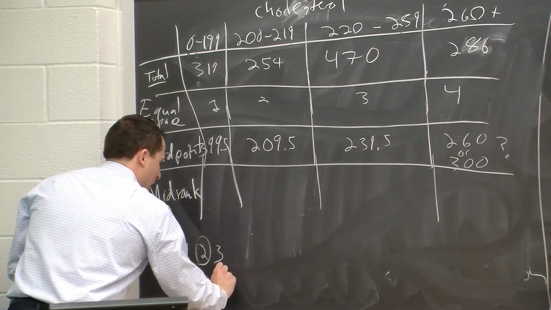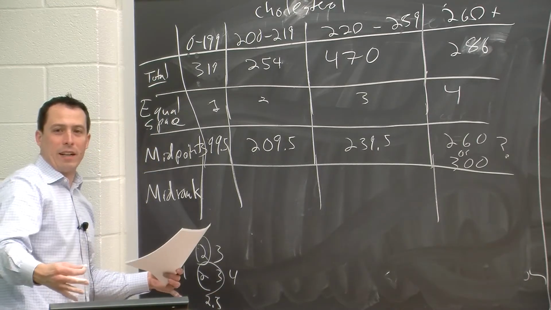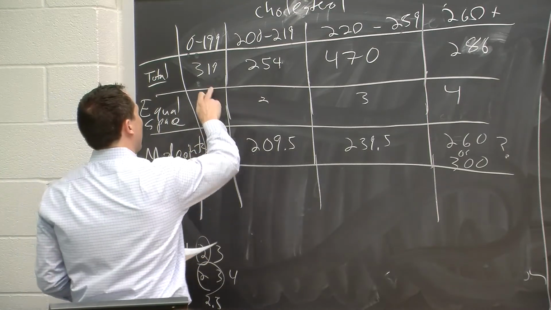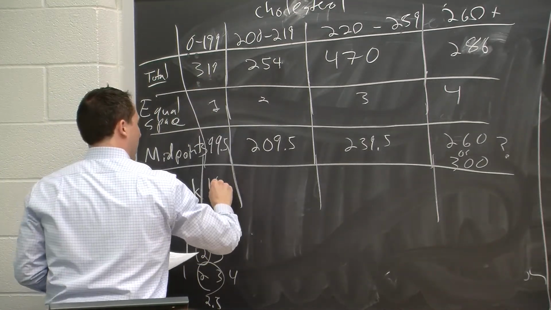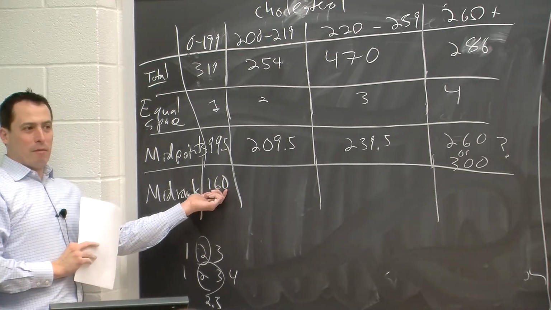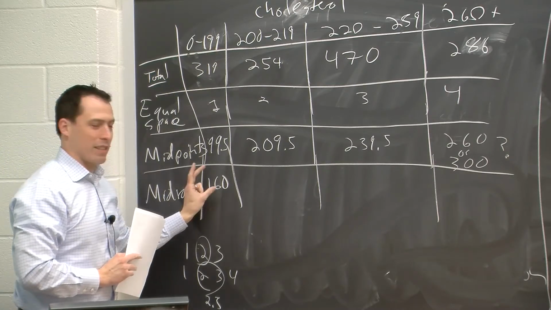If there's an even number, I'm going to get 2.5. And I'm going to assign the same rank to all of them, because I don't know what their actual rank was. So it's like they tied. So here, instead of 319, I'm going to put 319 plus 1 divided by 2, which is 160. Right, that's the kind of middle rank for people. So I'm just pretending that everyone in this category gets the rank 160.